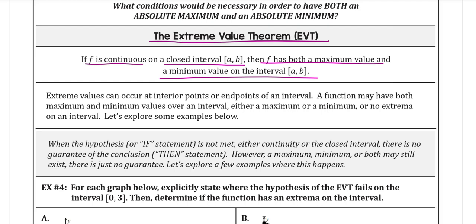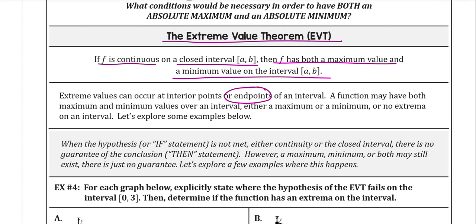So extreme values can occur at interior points or the endpoints of an interval. A function may have both max and min values over the interval, or it may have no extrema. So let's take a look at that. One thing to remember is that we have an if hypothesis with two conditions: continuity and the closed interval.